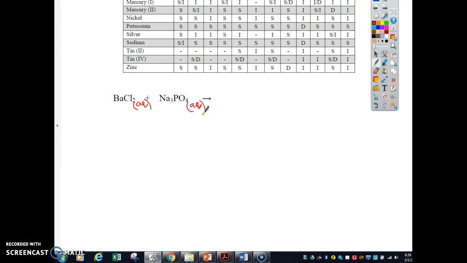Nothing would happen. They have to be dissolved in water because that is when they are going to dissociate into different ions. So what you're going to have is barium ions, chloride ions, sodium ions, and phosphate ions, basically all floating around in that solution, in that beaker.